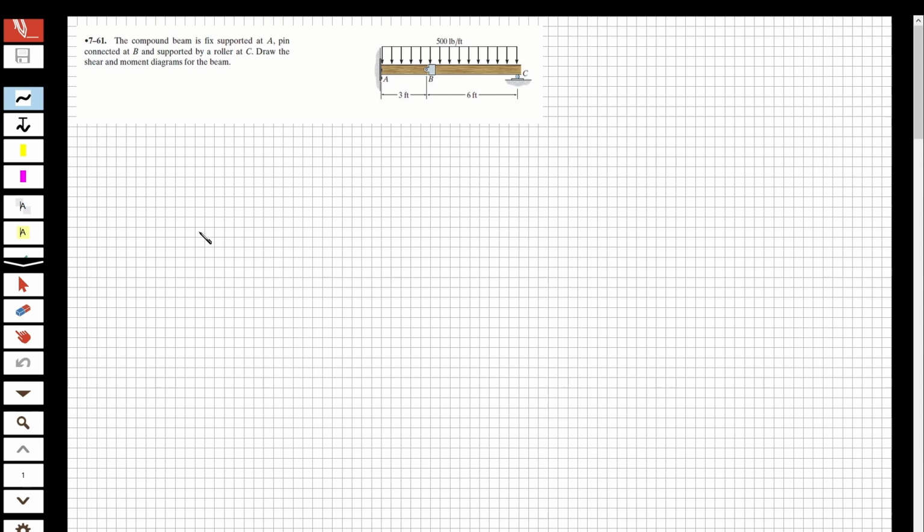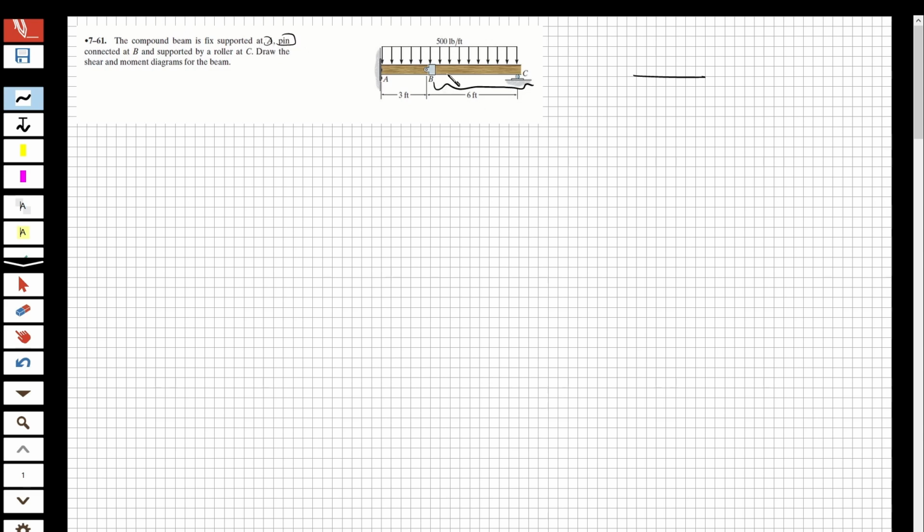So let's solve the question. The first one, I'm going to draw the free body diagram of the first part here. For example, I'm going to start from B to C. Look, it says that B is pin and A is fixed.